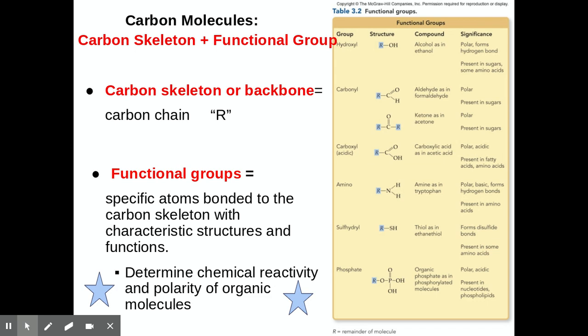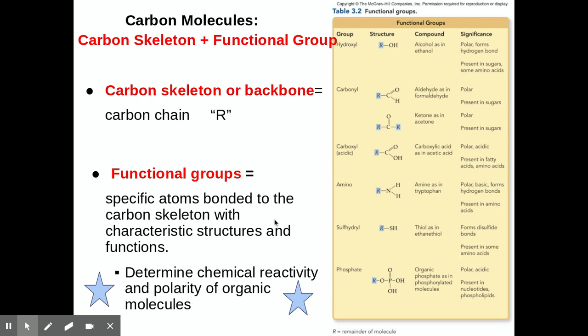Do you have arms attached to it? What are those appendages? What is attached to the backbone makes a very big difference. Same thing if you look at this molecule. The remainder of the whole molecule is the backbone that we're not really seeing. And then what's attached to it can be totally different. That's called the functional group.